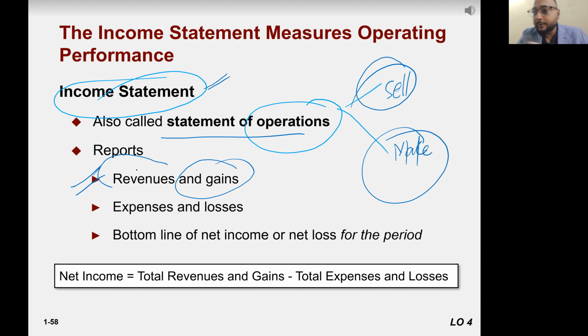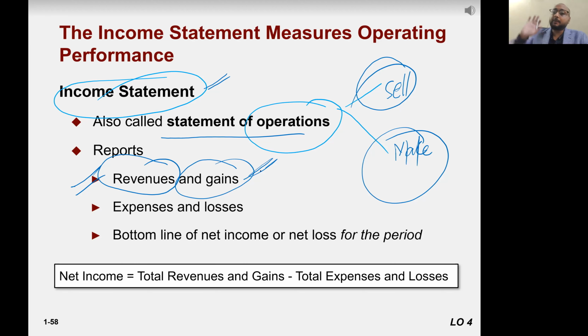Revenues include day-to-day operations, buying and selling. If a company is a furniture company, its revenue is selling furniture. The furniture it uses for its office, if sold, is not sales. If you sell it at a profit and receive some extra money, we call this a gain.